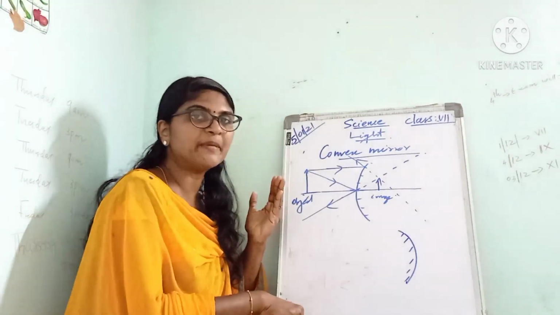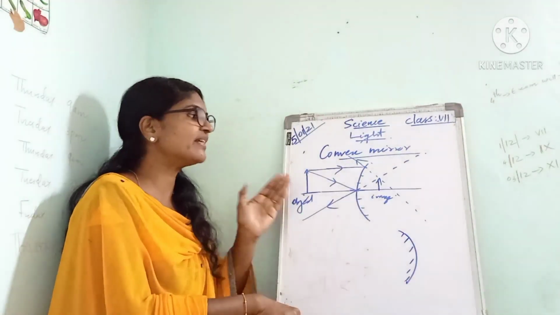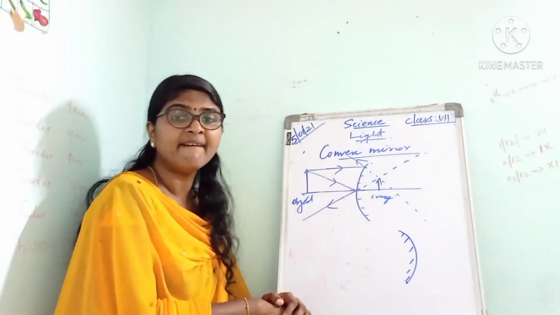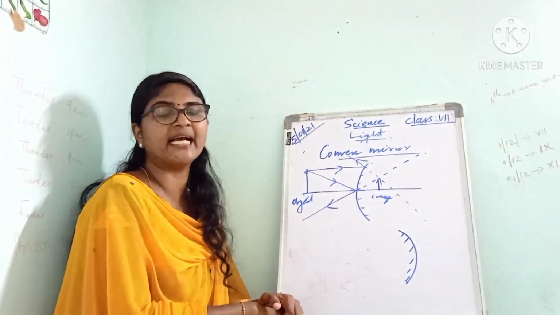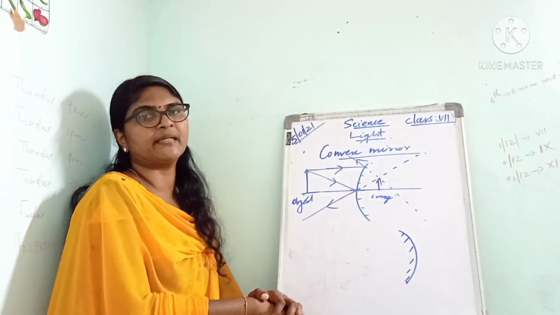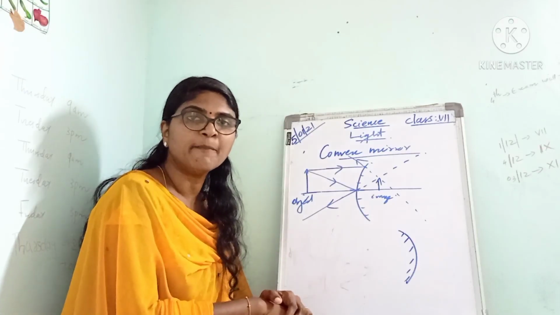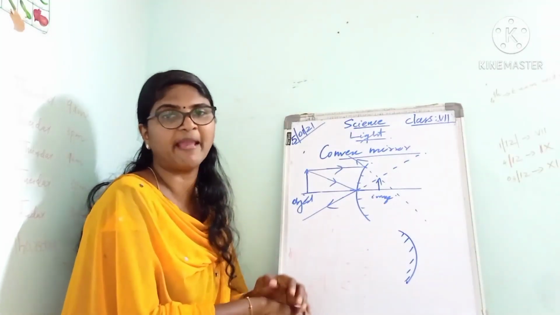Concave mirrors can form virtual and real images, but a convex mirror can form only virtual images. So it is not possible to project the image formed by a convex mirror on a sheet of paper.